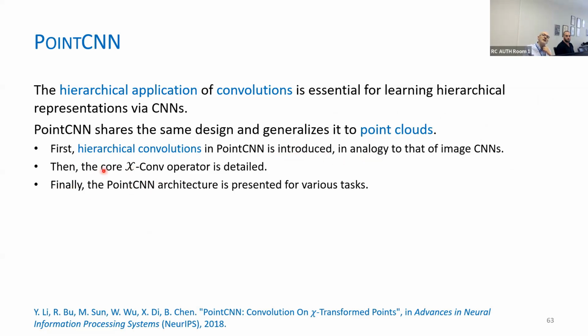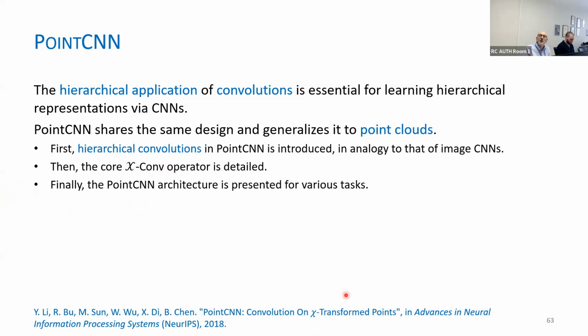Then they define this XCombo operator, which is the analogy in this domain for the convolution. They use this operator to derive two architectures, one again for classification and the other one for segmentation.